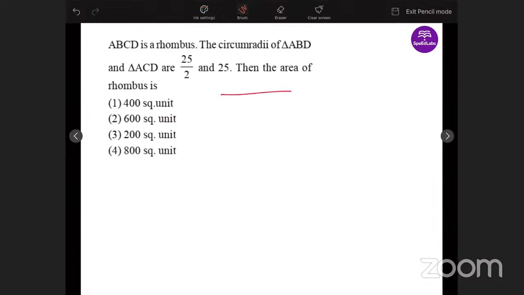Let's take a rhombus A, B, C, and D. So what is the property of a rhombus? The diagonals intersect perpendicularly, right? And they bisect each other.